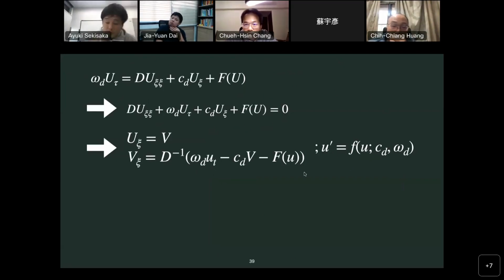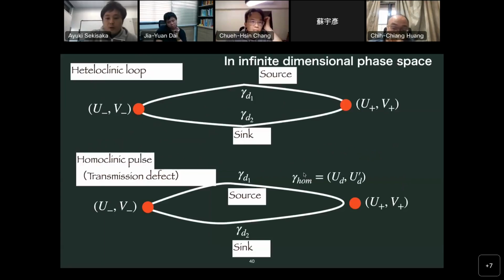So it is an ordinary differential system in an infinite dimensional space. However, such patterns are obtained as heteroclinic loops in the infinite dimensional phase space, and homoclinic bifurcation occurs in such systems.